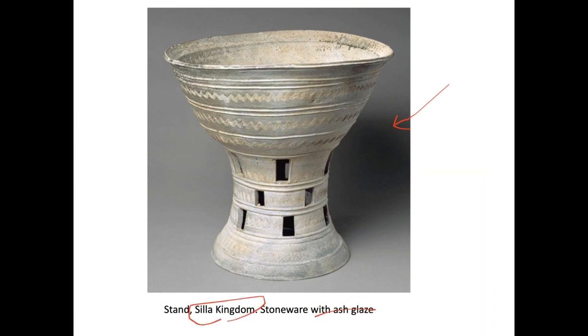That is, it starts to have ash glaze, a little bit of a shiny surface, not all over. Like this doesn't have any glaze, but if you see, some areas they're going to have an ash glaze. So this is a technological leap from earthenware to stoneware.